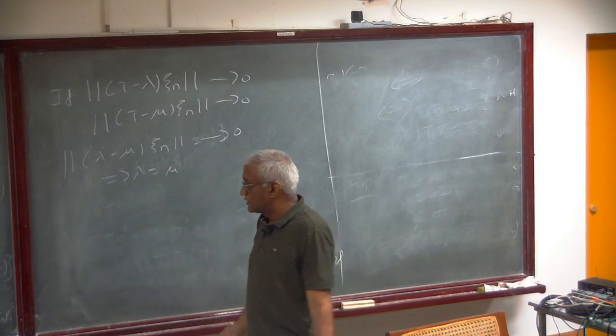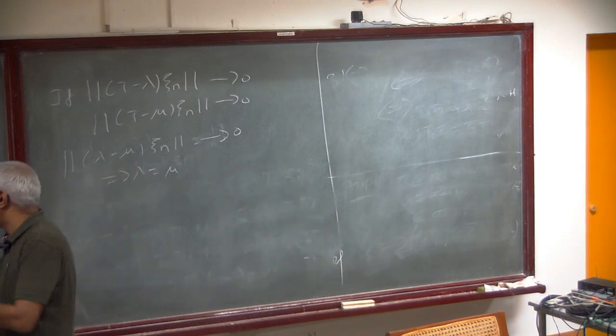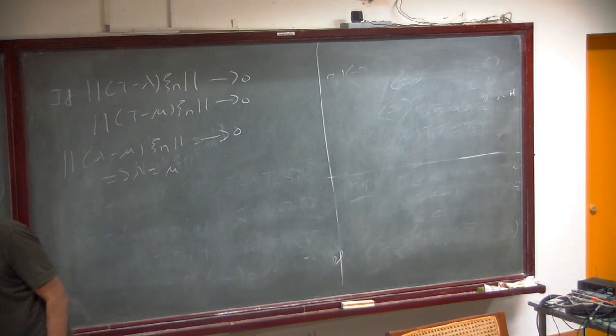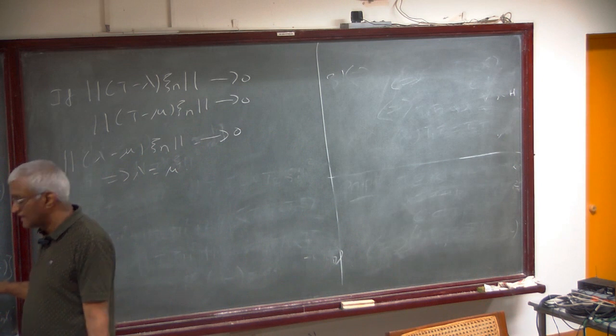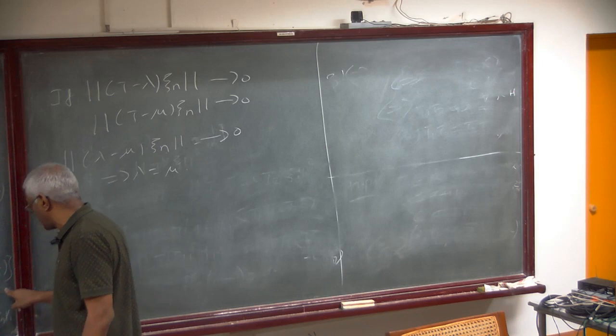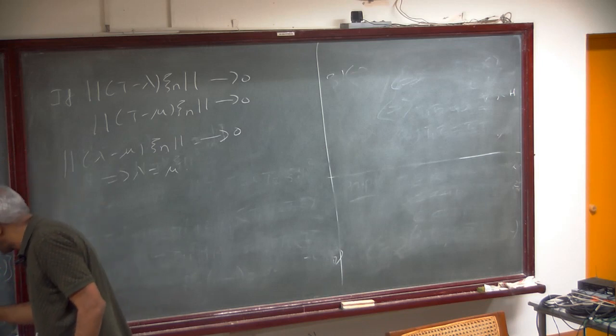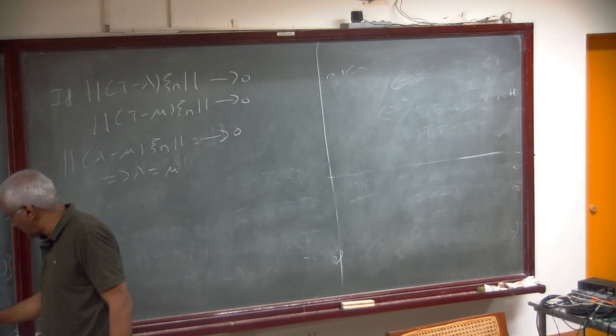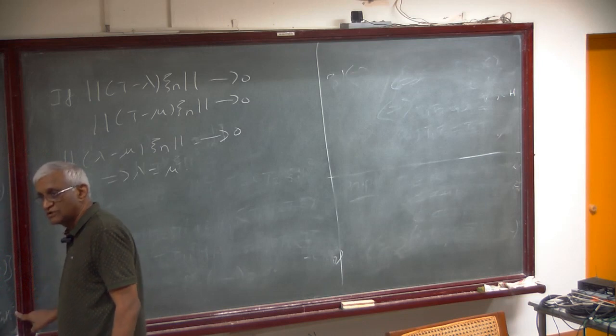So here it says that if you have an alpha, you get lambda 1 up to lambda k, alpha, which is in this set. That means Ti minus lambda i xi n goes to 0, and also Q of T1 up to Tk minus Q of lambda 1 up to lambda k goes to 0.